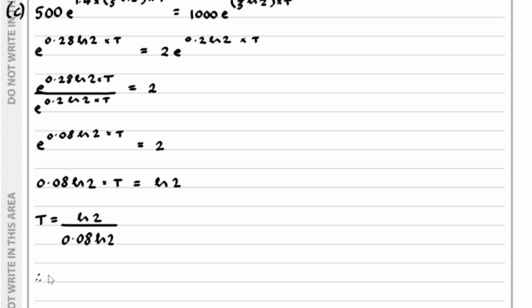So therefore, t is equal to 1 over 0.08, which is 12.5. So what we end up with is 12.5 hours.